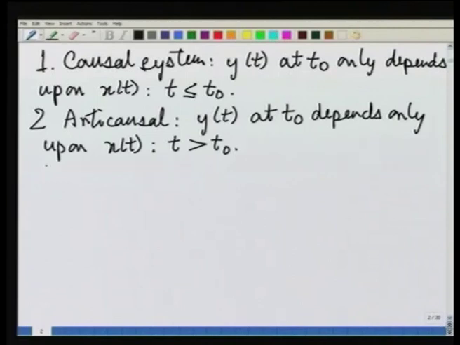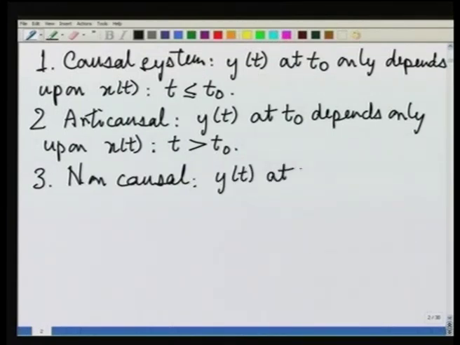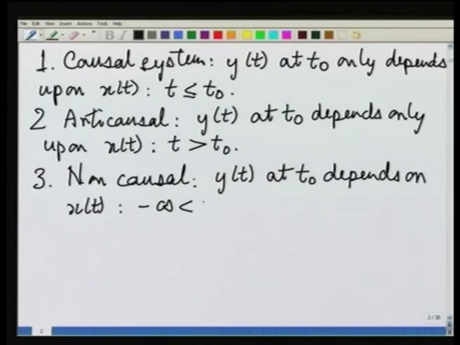A non-causal system is the term we generally use for a system where y(t) at t naught depends on x(t), that is, it could depend both on the future as well as the past, not exclusively one or the other.